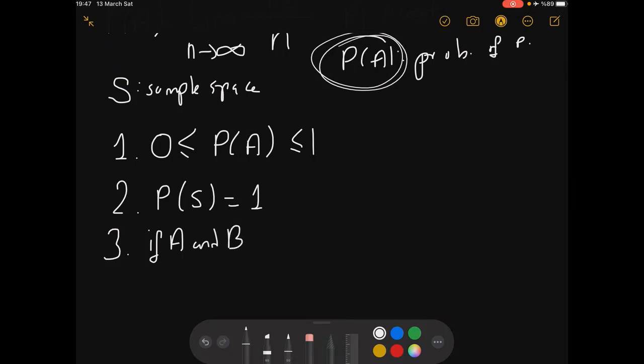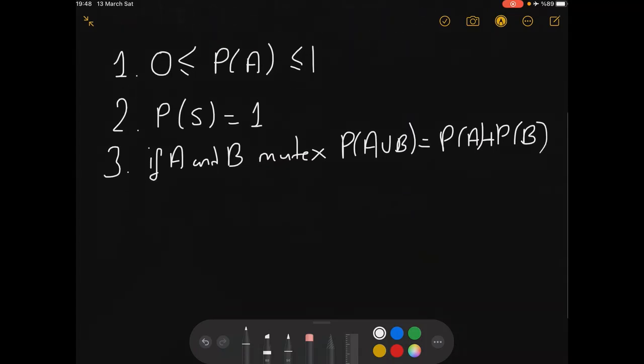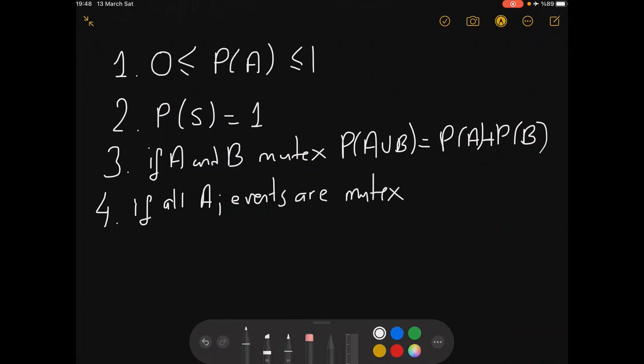Okay, and if A and B are two separate events and they're mutually exclusive, then the probability of A union B, their probabilities can be added together. So that makes sense. If you generalize this, if all of your events A_i are mutually exclusive, then what happens?